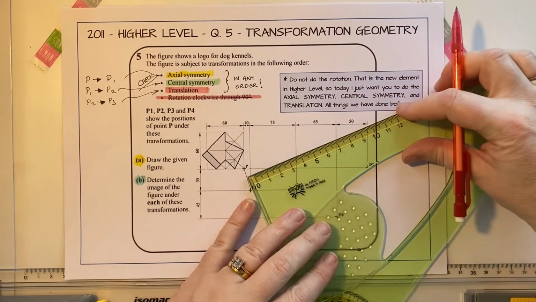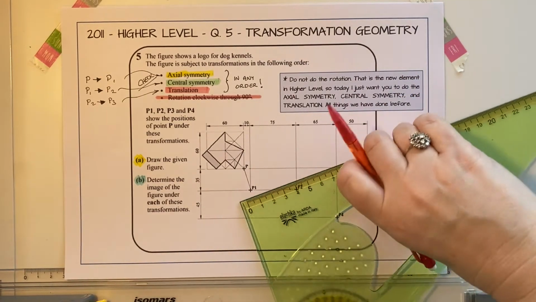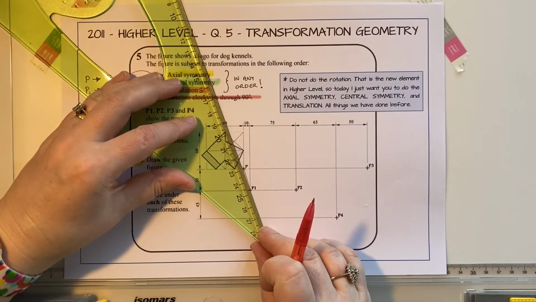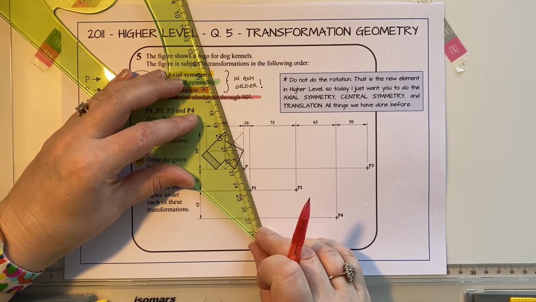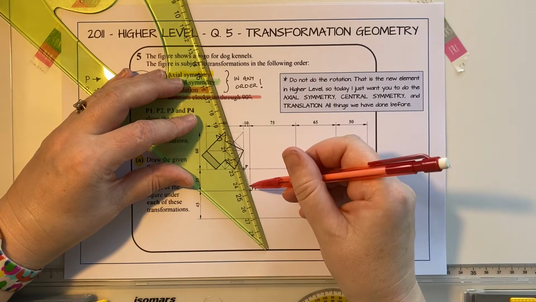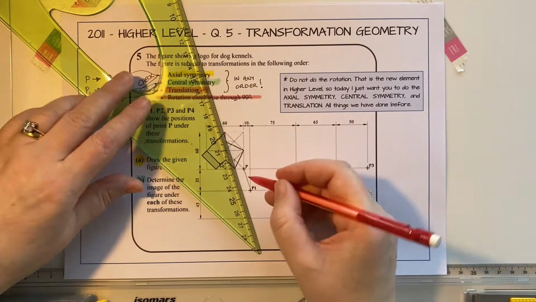So an axis is always a 90-degree line from the center point of the axis. Without being too particular here, because I'm just trying to work out what's going on, 15, 16, 17, 18, 9 and 9, the halfway point would be about there.